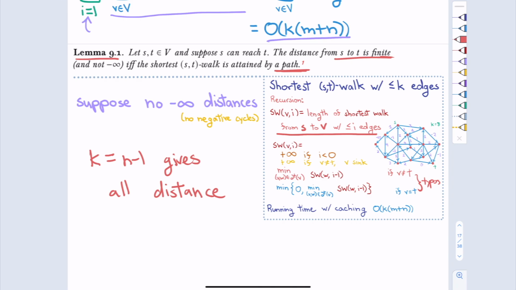Okay, so if I assume there are no negative cycles, no negative infinity, then taking k to be n minus 1 will solve our shortest walk problem, in particular because we recognize that we just need paths.